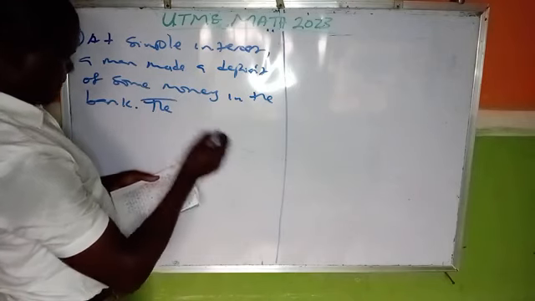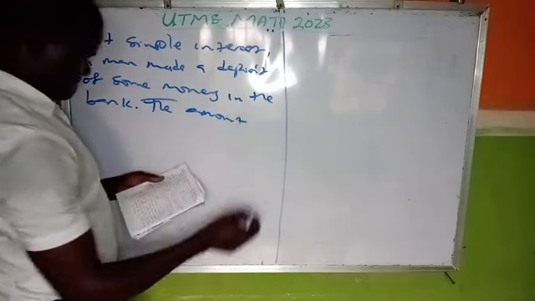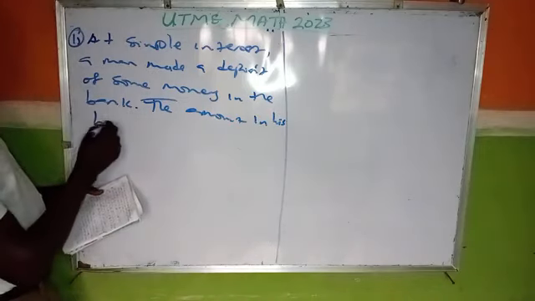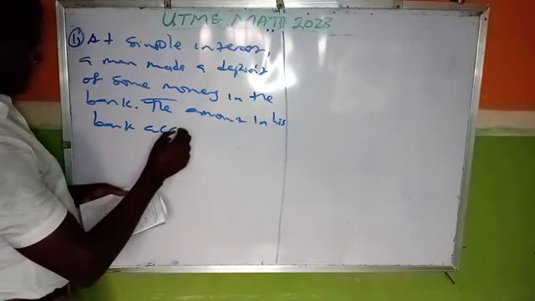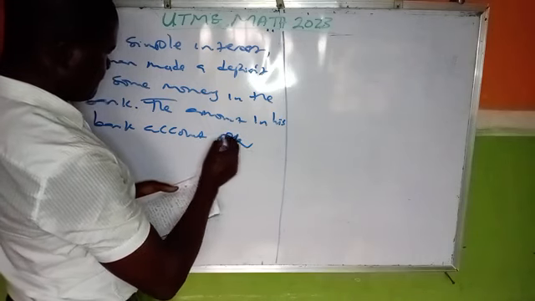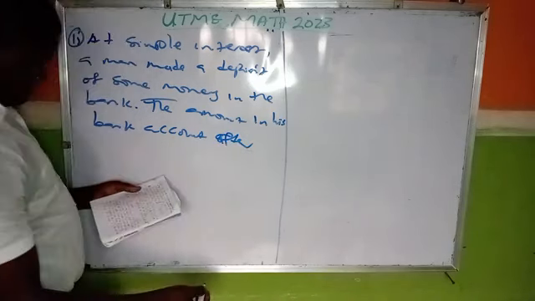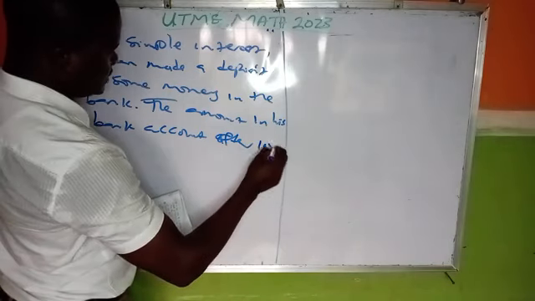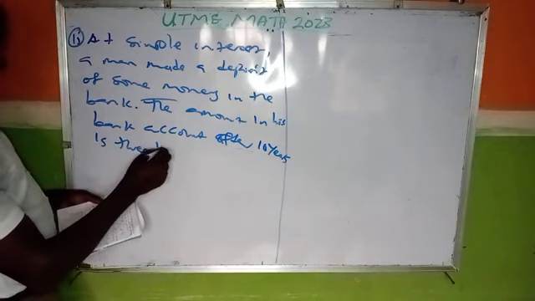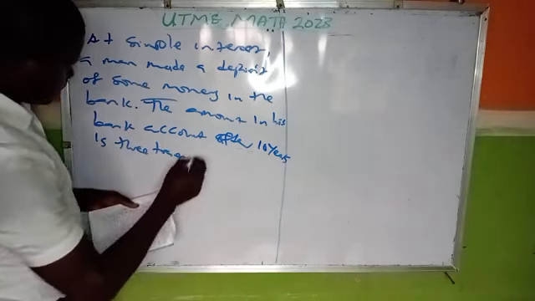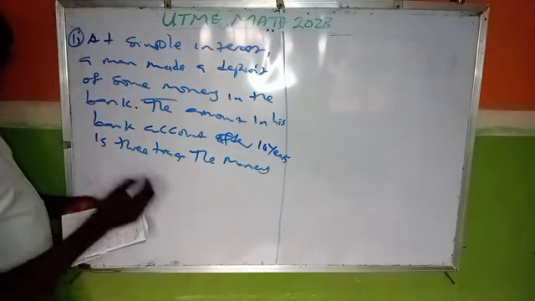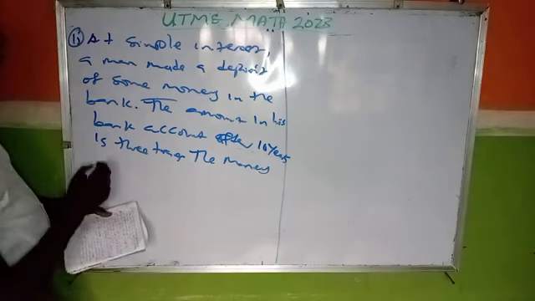The amount in his bank after 10 years is three times the money deposited.